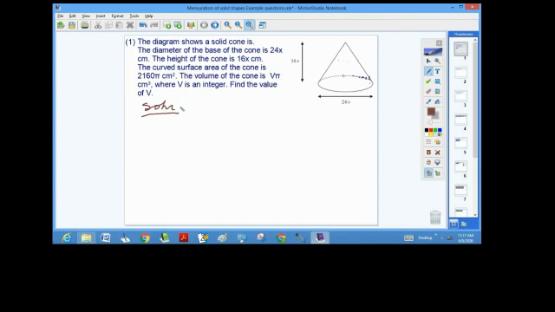So we have that the diameter is equal to 24x, which translates that the radius is equal to 12x. The height is equal to 16x. So we need the slant height, which is here.